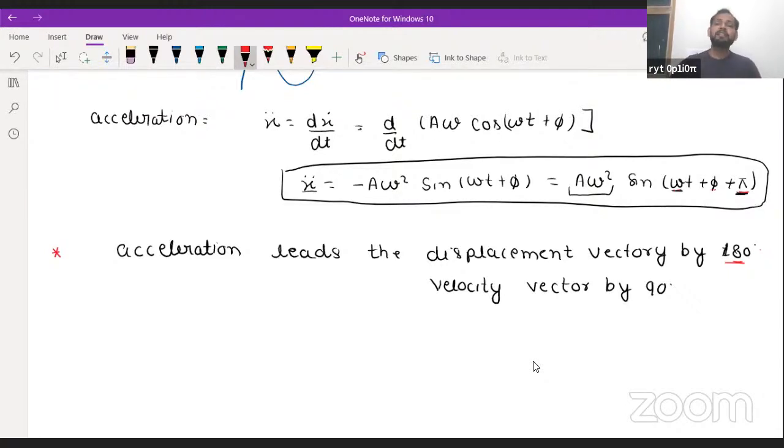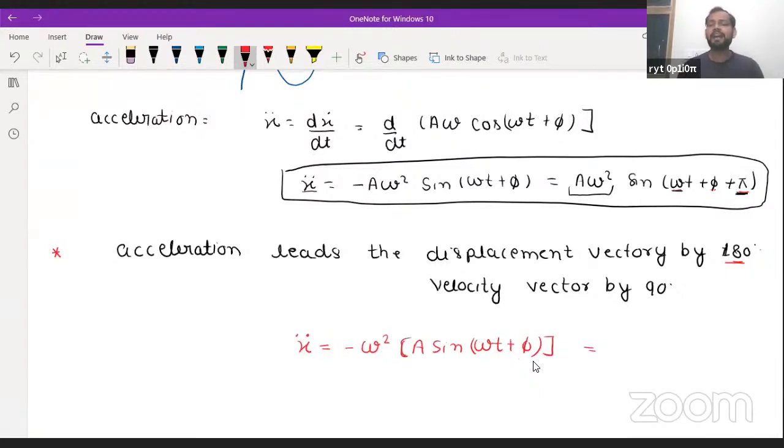Now the same equation you can write in another form. So what is that? As you know, this is nothing but x double dot equals minus omega square, if we take omega square common, a sine of omega t plus phi. And what is this? This is nothing but the displacement only.